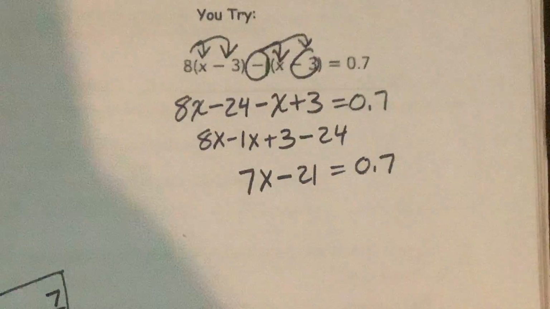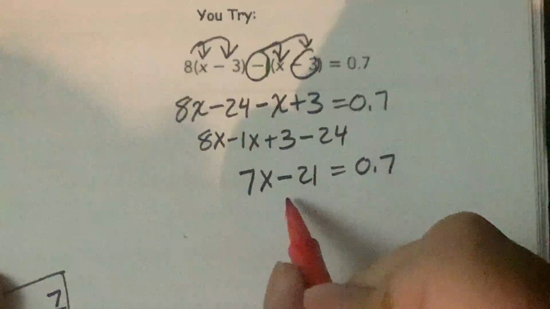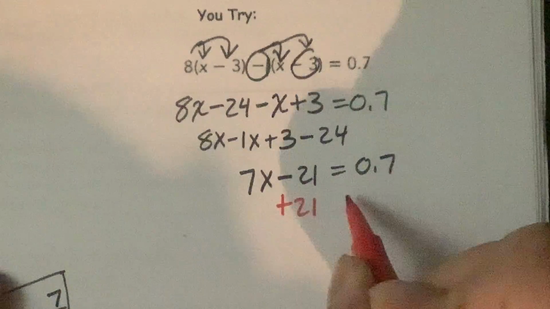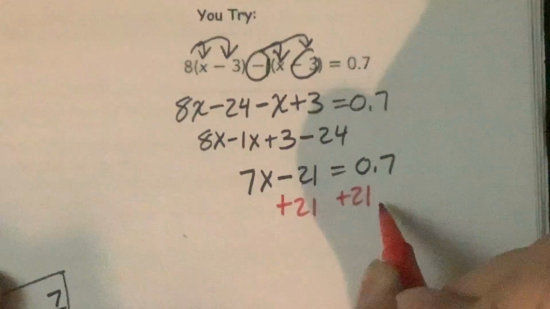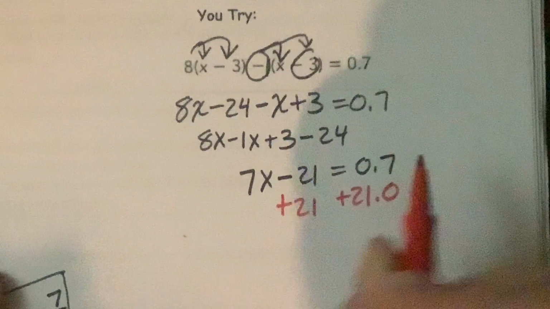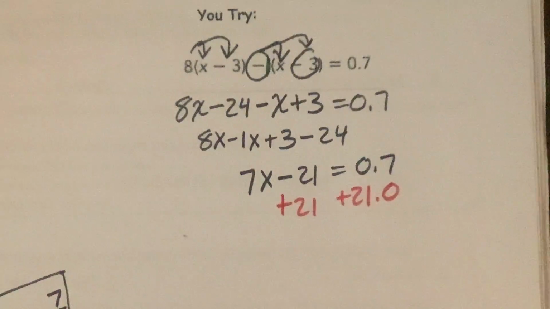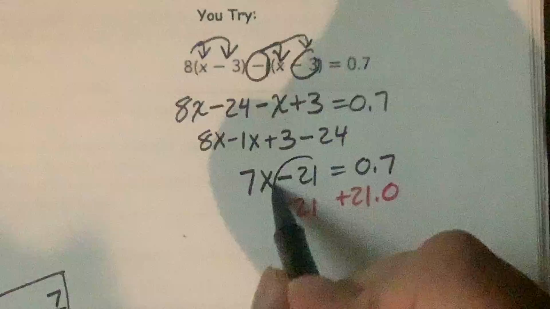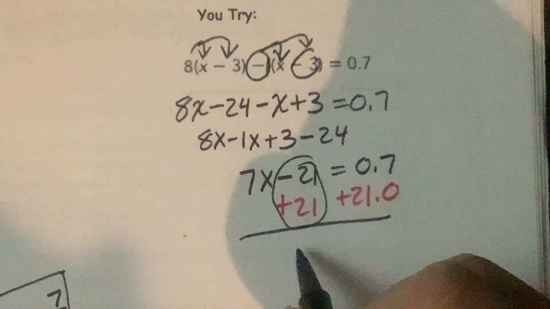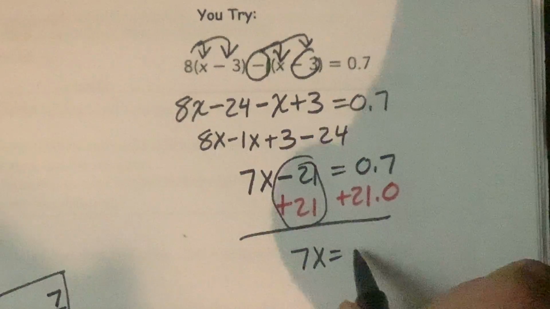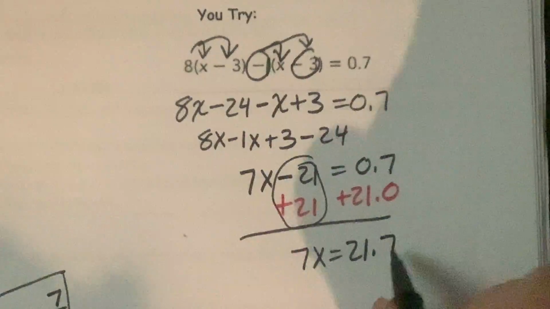All right, the inverse would be to add 21 to both sides. And I'm going to put a decimal and a 0 because I want my stuff to line up nice. 7x minus 21 plus 21. 7x equals 21.7.